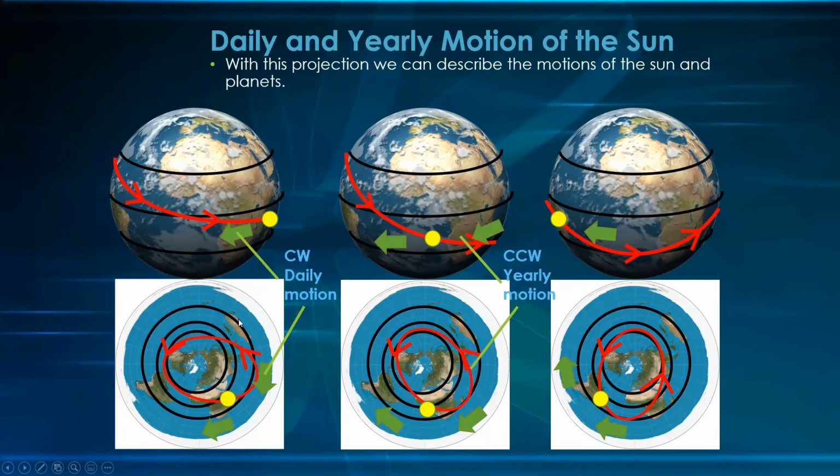So that's how it is going. But the sun itself is slowly moving along this plane in the opposite direction. While the plane is rotating in a clockwise rotation, the sun is going in a counterclockwise rotation that takes 365 days around.